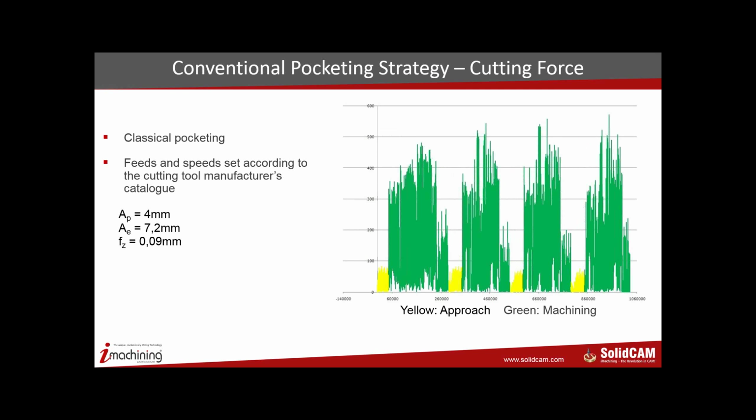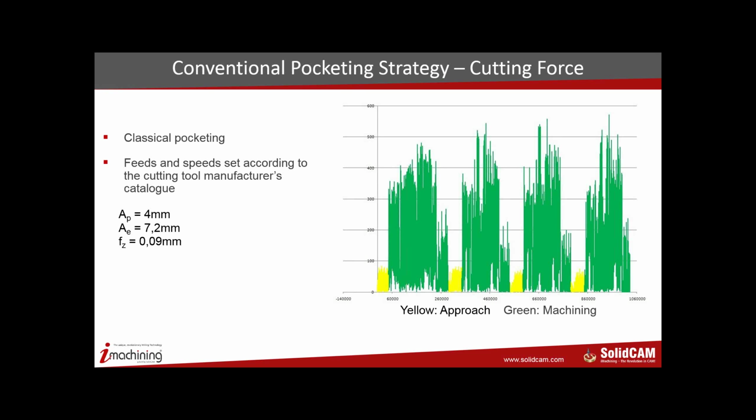On the force, we noticed that at 4mm depth of cut, the forces that were acting on the tool were about 450 newtons. And when the tool was ramping inside using helix, it was close to 100 newtons. So very important, 450 newtons of force acting on the tool at 4mm depth of cut.